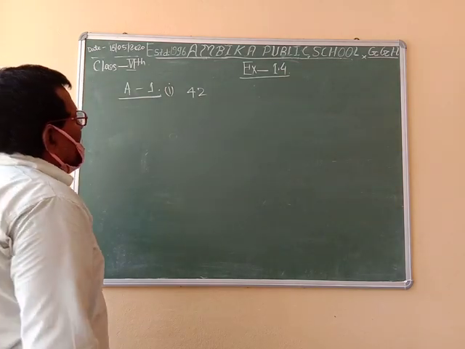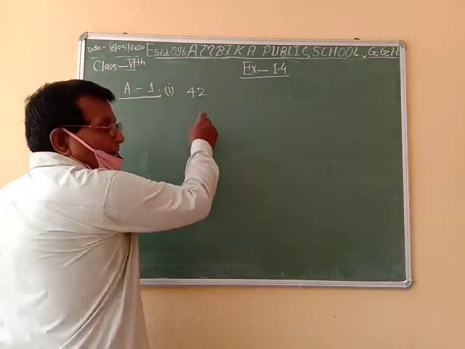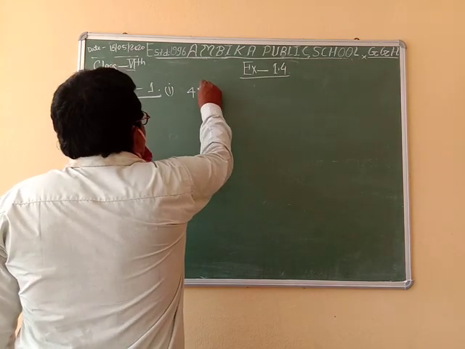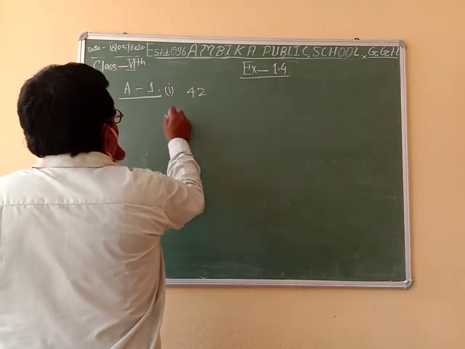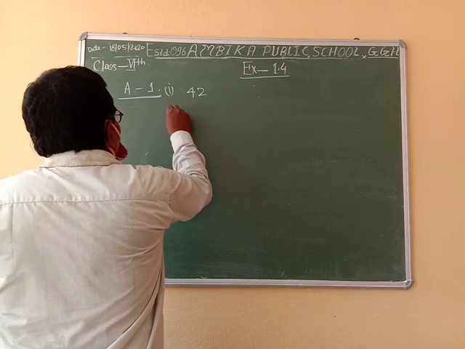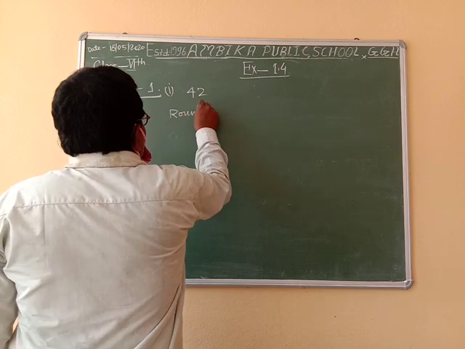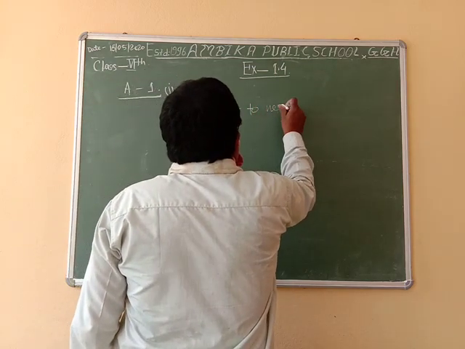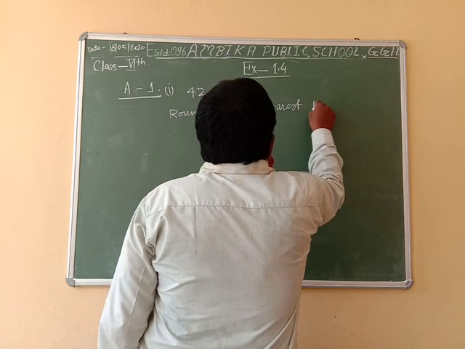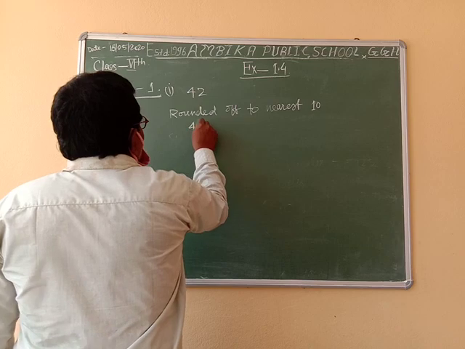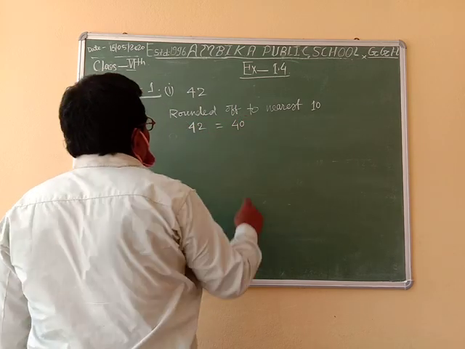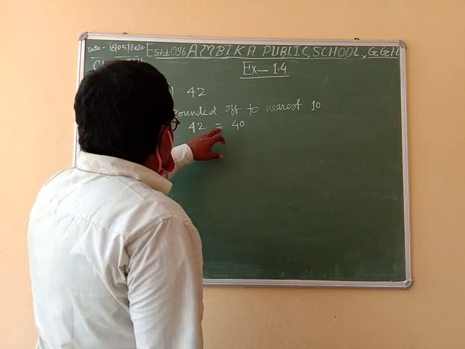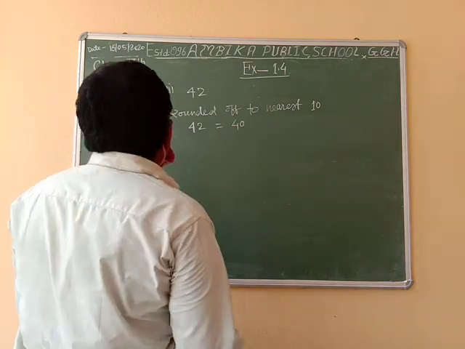Here the ones digit is less than 5, so we replace 2 by 0 and write the other digit the same. Rounding off to the nearest 10, 42 is equal to 40.